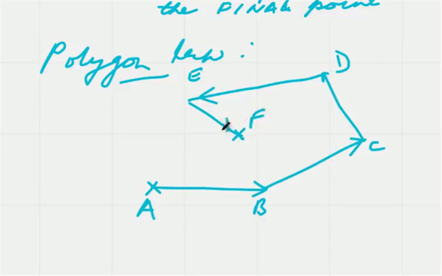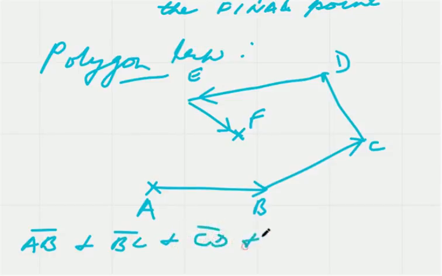So now we want to obtain the vector sum of all these: AB bar plus BC bar plus CD bar plus DE bar plus EF bar.